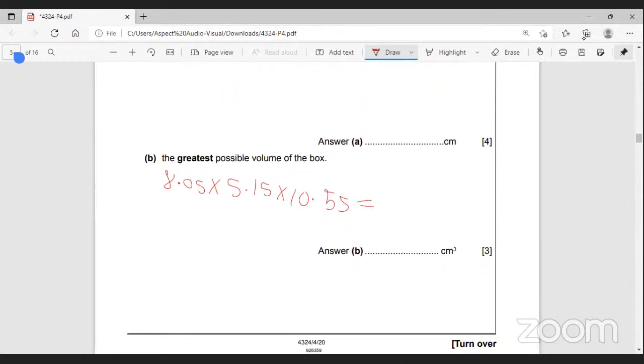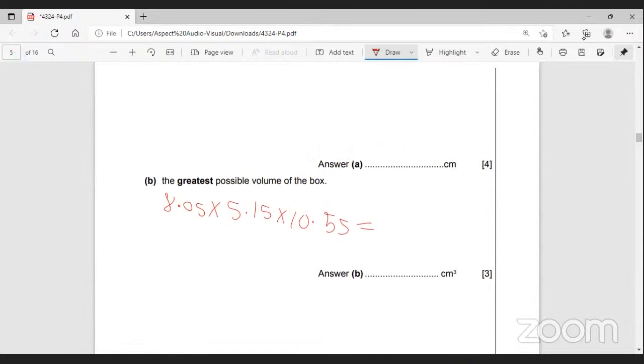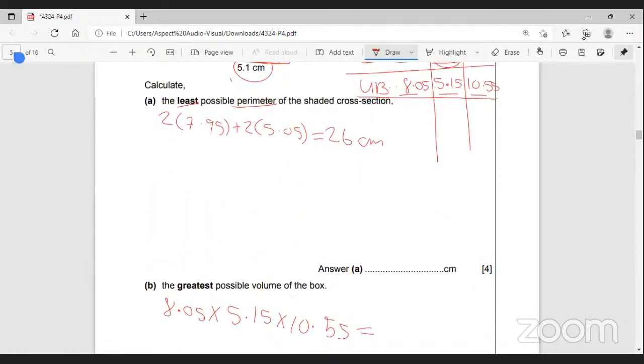When do you know whether you should use the upper bound? If they are saying the greatest. Remember when I have drawn this. Suppose, okay. So you are having two of them.